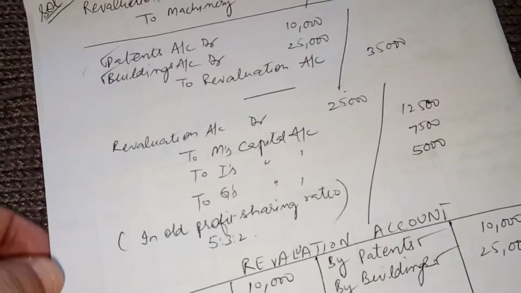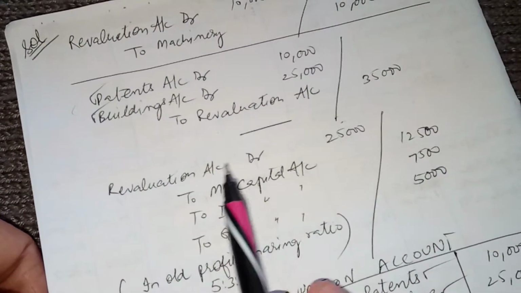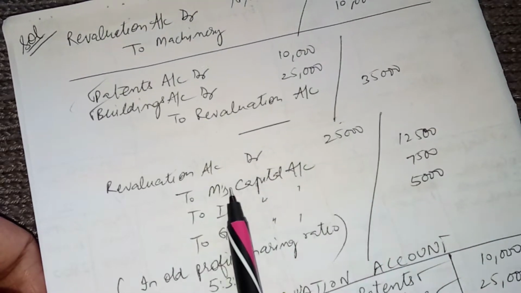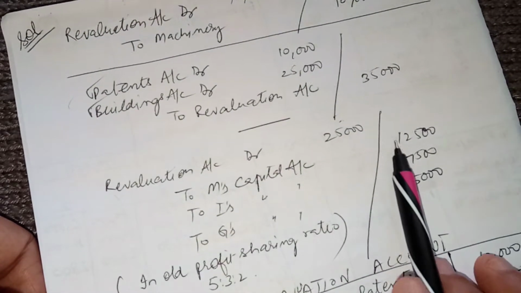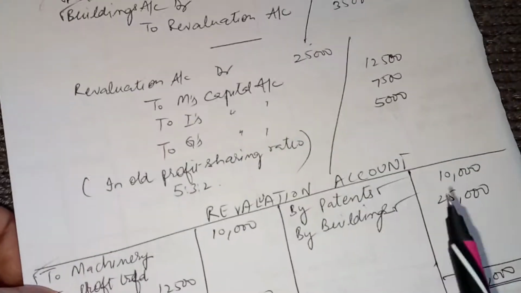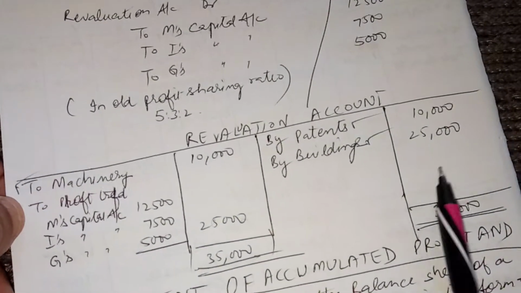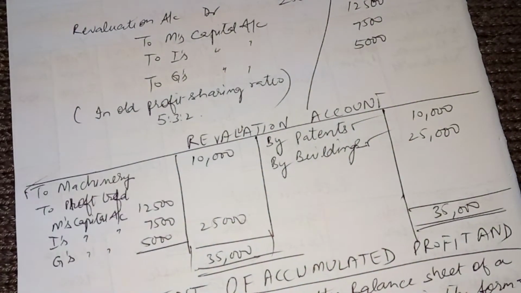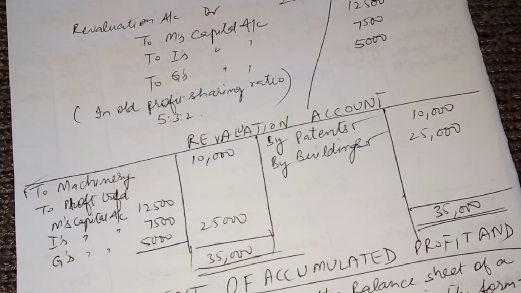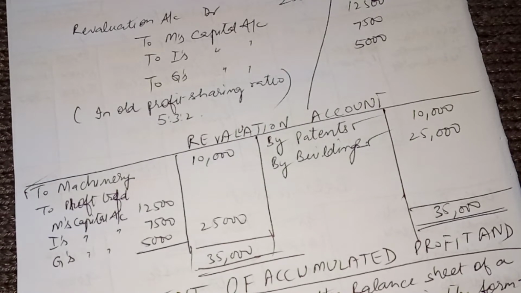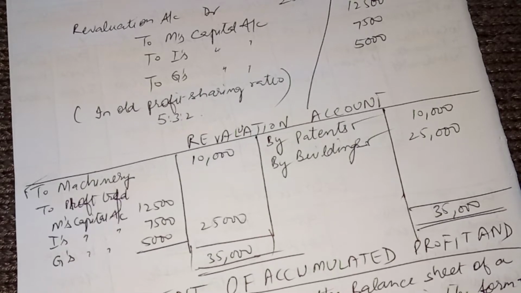So the entry will be: revaluation account debit 25,000 to M's, I's and G's capital accounts in their old profit sharing ratio. There is no change in the revaluation account; it is the same as we did in the admission of a partner. Same entries, same pro forma, same account.